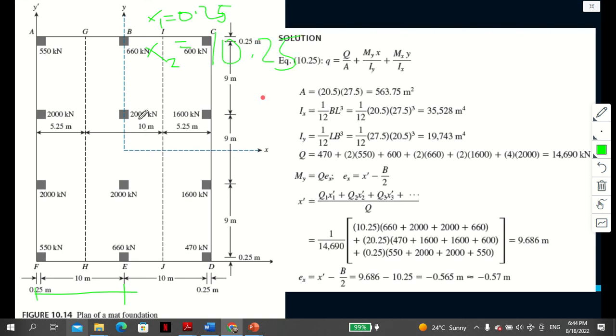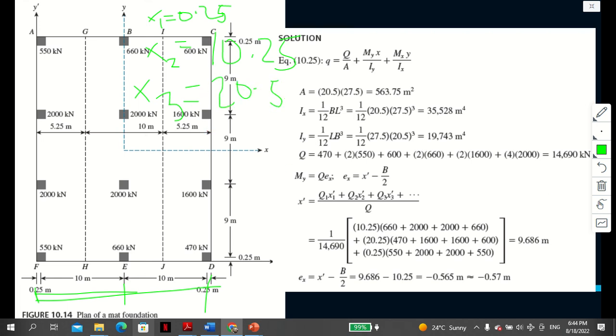And x3 is this to the centroid. How many? No, not 20.5. Oh yeah, 20.5, you're right.